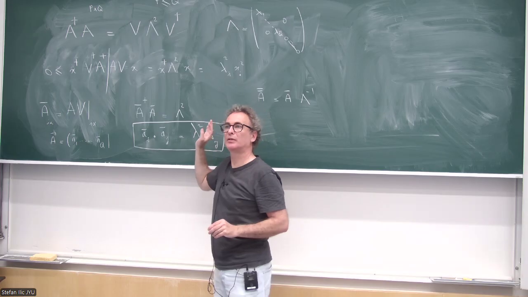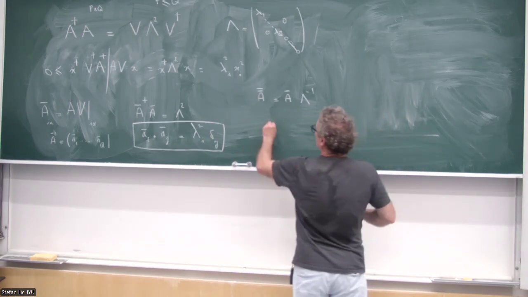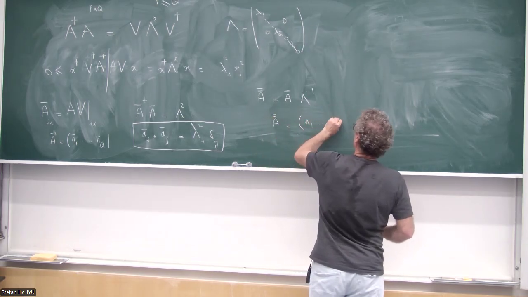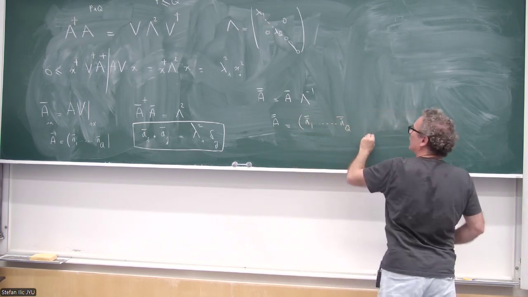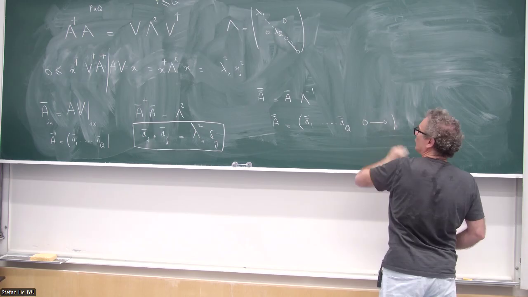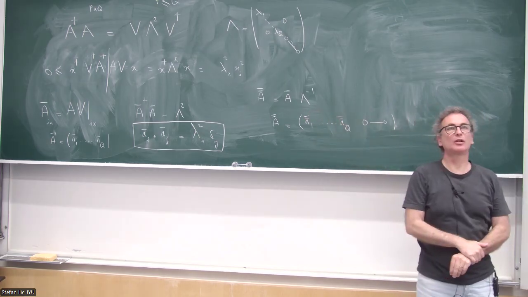The vector is 0. Okay, so now A bar is made of vectors. Sorry for the notation. And then, okay, then follows by zeros up to Q. But these vectors are actually orthogonal and normalized.